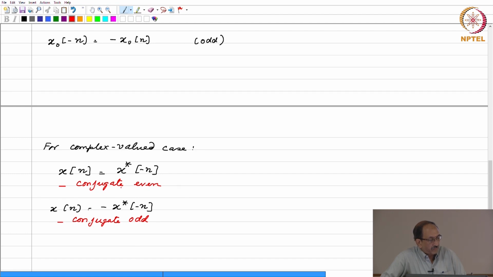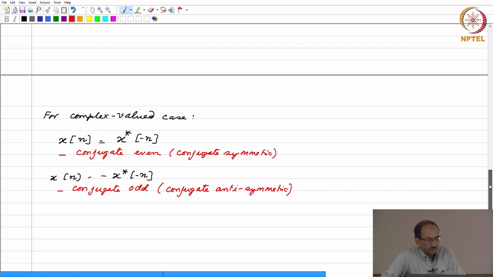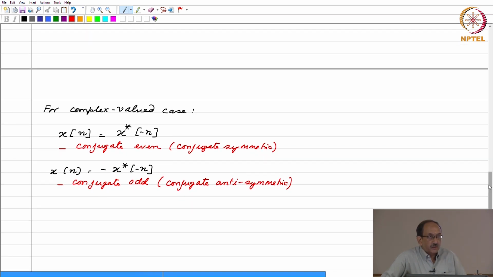The other name that is used is conjugate symmetric, and the term that is commonly used here is conjugate anti-symmetric. These are exactly the same definitions you must have seen for the continuous time case.